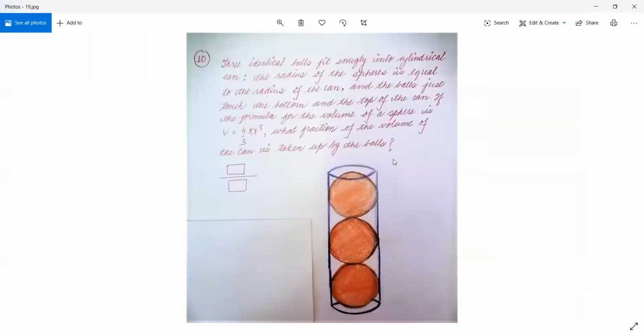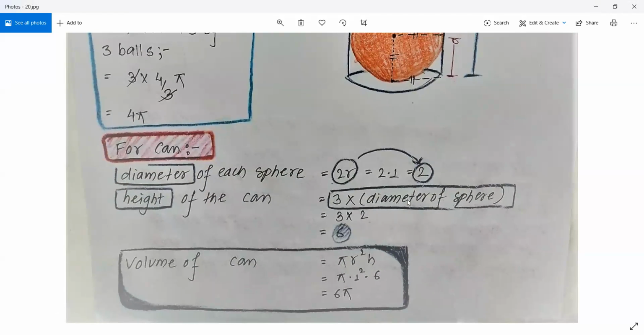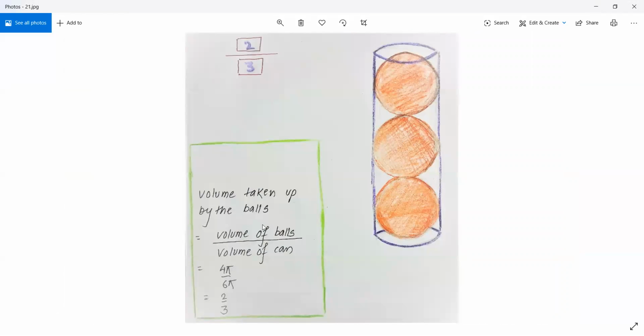So again, we'll take a look at the question. What fraction of the volume of the can is taken up by the balls? So what fraction is occupied by these balls? For taking out the fraction occupied by the 3 balls, you just need to know the basic concept of fraction, that the volume taken up by the balls can be calculated if you take the volume of balls upon the volume of can.